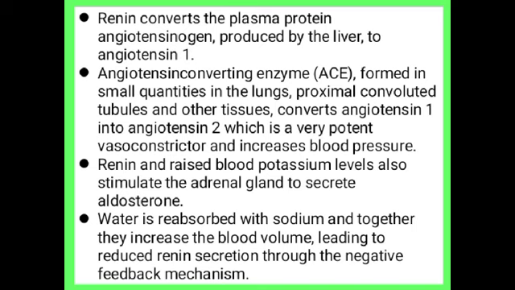So the renin and the raised blood potassium levels are also going to stimulate the adrenal gland to secrete aldosterone. When aldosterone is secreted, it is going to enhance the water reabsorption with the sodium itself. So this is going to increase the blood volume and also the levels of sodium. And this feedback mechanism is going to shut off after the levels have been attained.